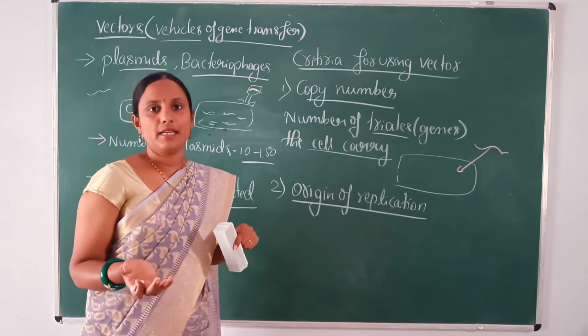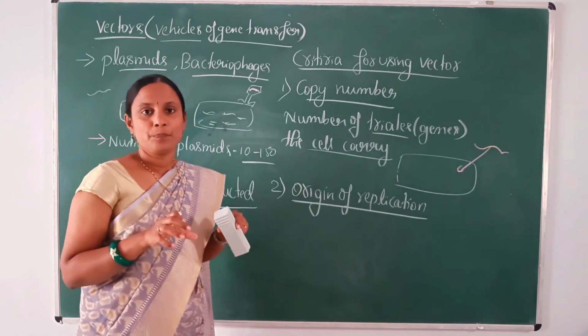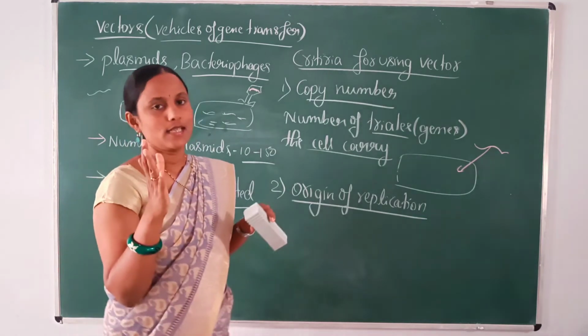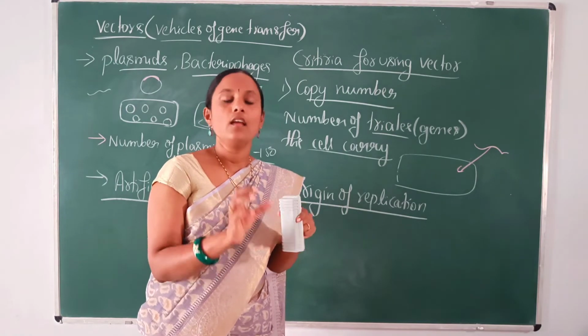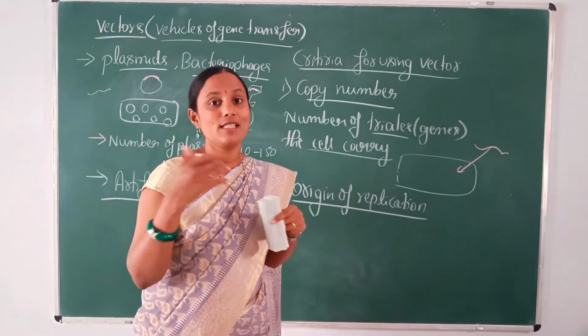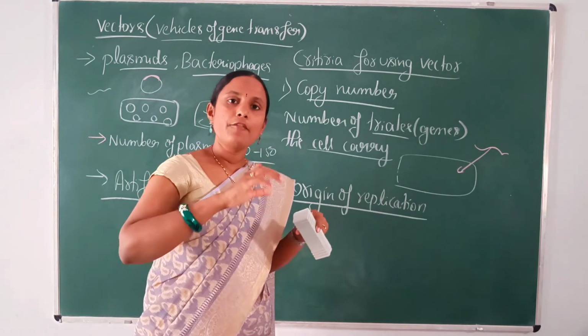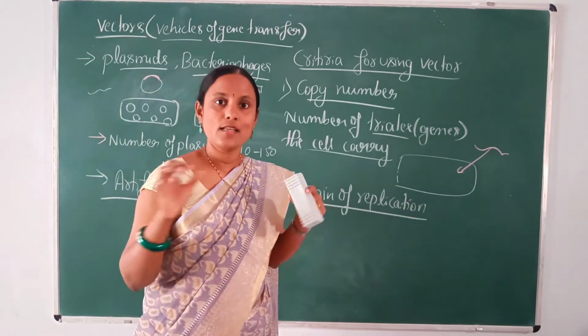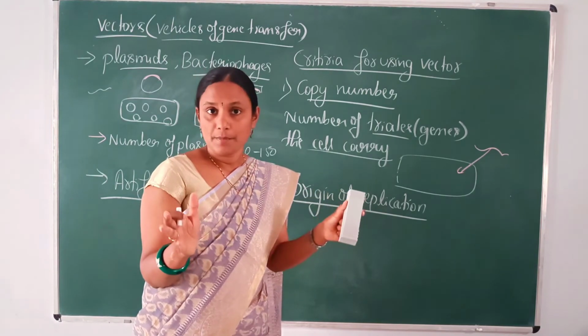For undergoing replication, there should be a strong ori site. Ori site you have studied from molecular basis of inheritance. It is the region where the process of replication will start, where the DNA polymerase will bind, and from there the replication will start and produces more amount of DNA or the multiple copies of DNA.